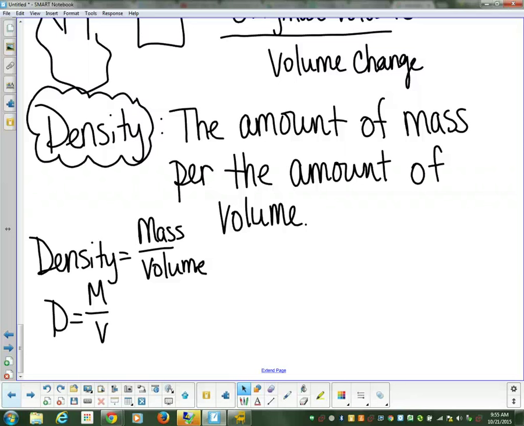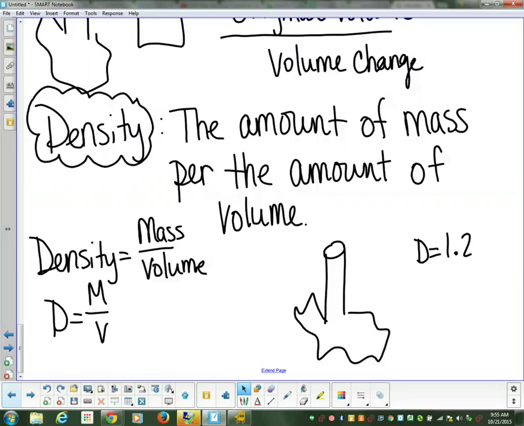Now really what this is saying is that if you calculate this out and say you have a density of, let's say, 1.2 grams per milliliter, what it's saying is that for every 1 milliliter, there is 1.2 grams found inside of there.